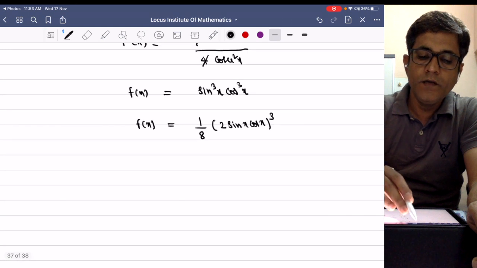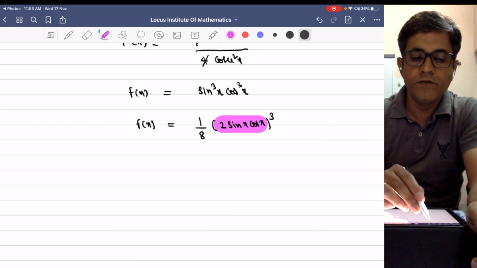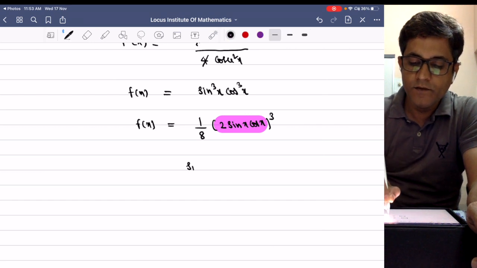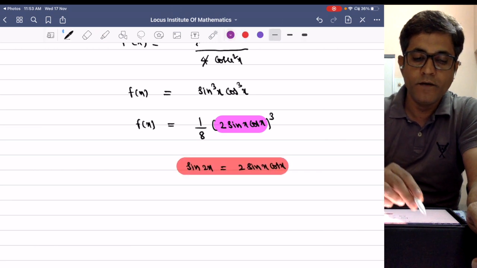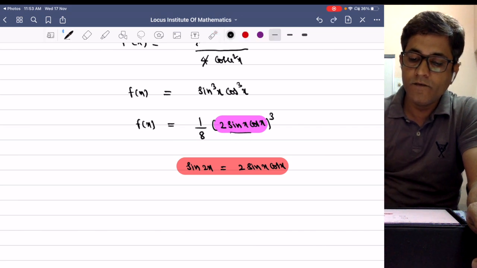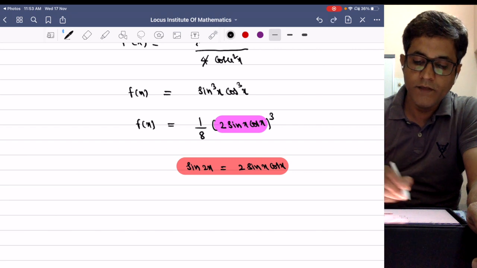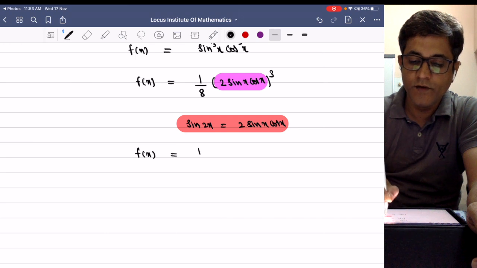Now use the result 2 sin x cos x is equal to sin 2x. We know this formula. If you replace 2 sin x cos x with sin 2x, then f of x is converted in terms of a single trigonometric function. Therefore f of x is equal to 1 by 8 into sin cube 2x.